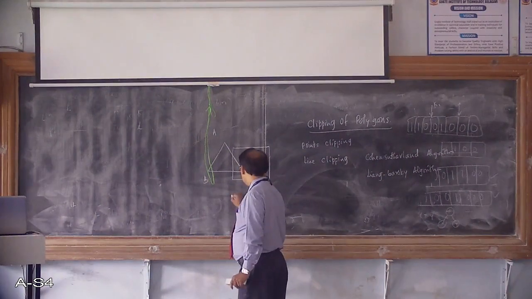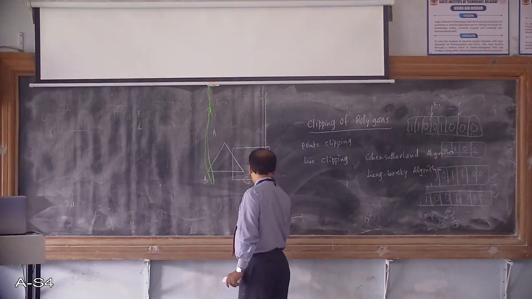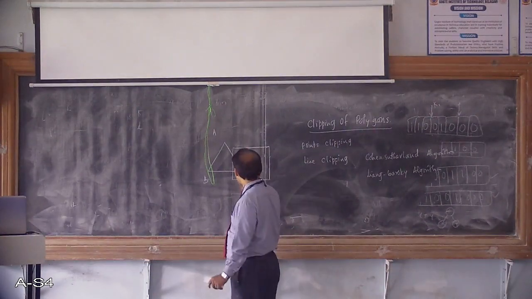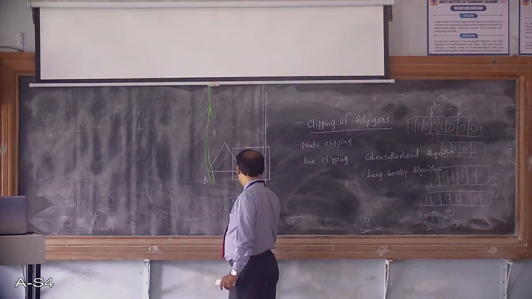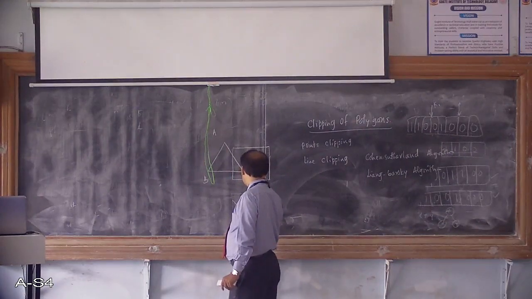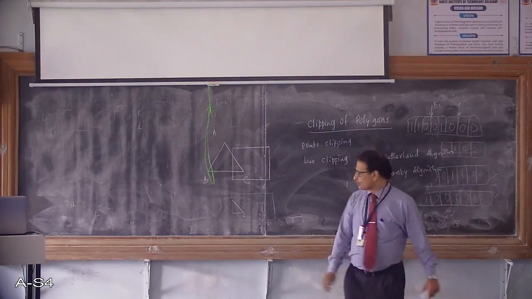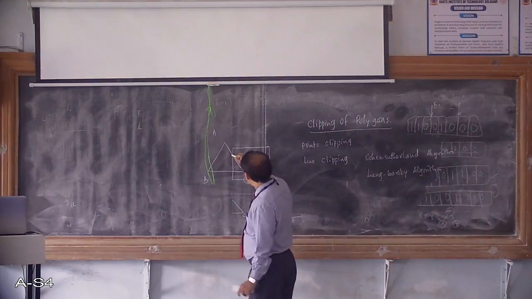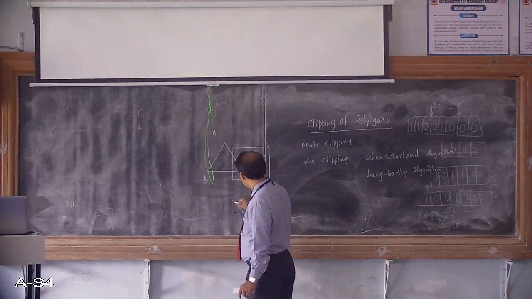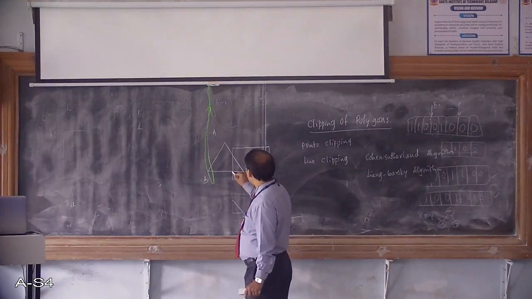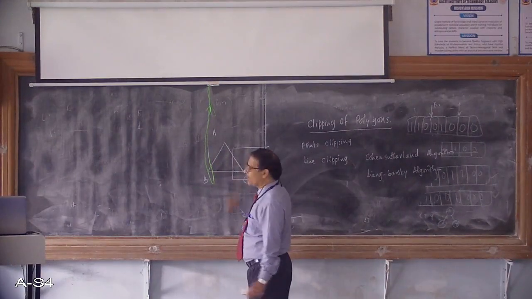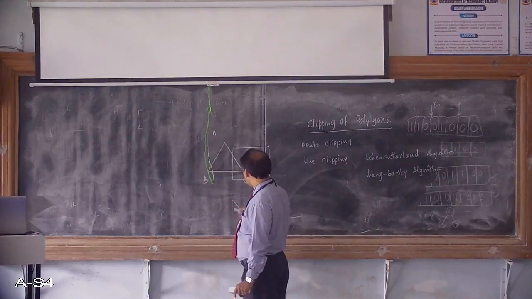After the clipping, the result would be something like this, where you can see that this is the visible portion of the triangle. This will be retained, and everything which is invisible is going to be eliminated.